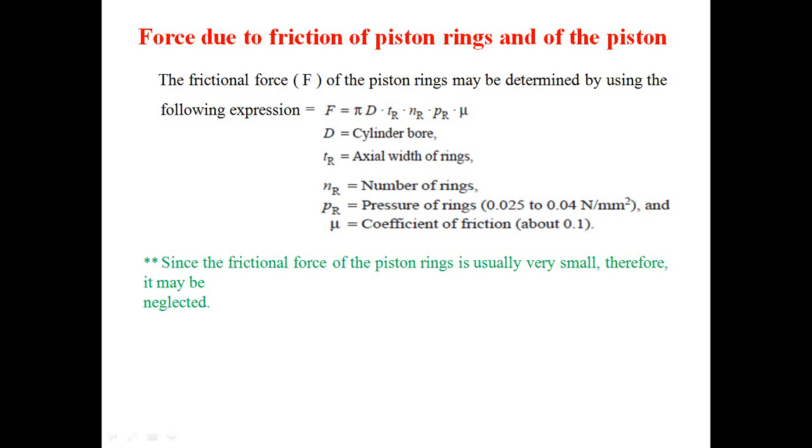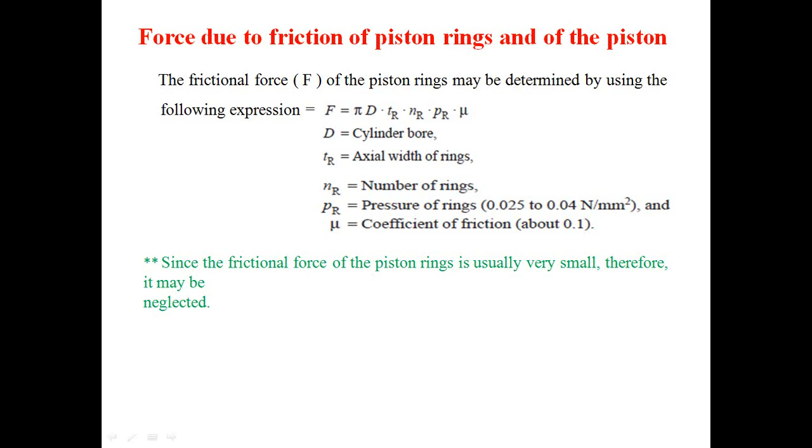The cross-sectional area can be easily calculated by pi d, where pi d is the perimeter, multiplied by the axial thickness or axial width of the ring, which gives the area of one ring. There are n such rings, that's why we have multiplied with n.